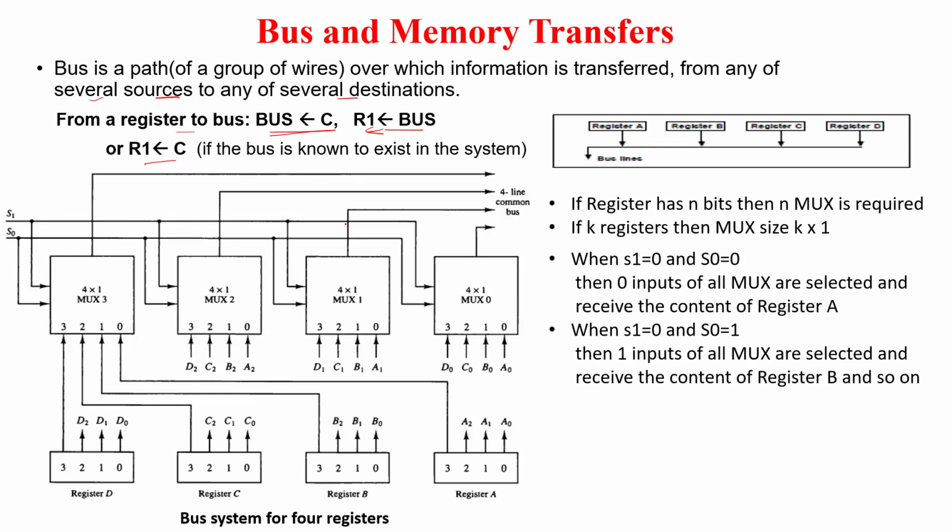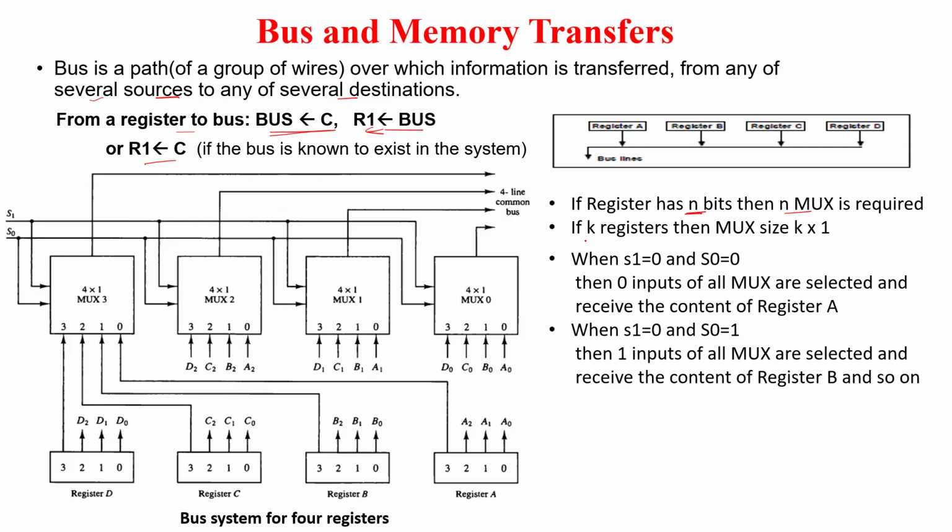Now here we have to see how many multiplexers we have to use and what will be the size of the multiplexer. If a register has n bits, then we have to use n multiplexers. And what will be the size of the multiplexers?